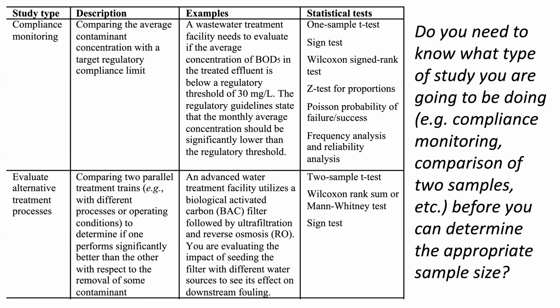The answer there would be yes. We need to first determine what is our purpose for doing the study. What kind of question are we trying to answer? What statistical test do we need to answer that question? Only then can we use an appropriate power calculation to determine the sample size necessary to adequately answer that question.